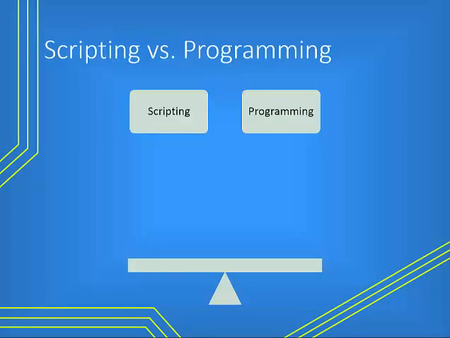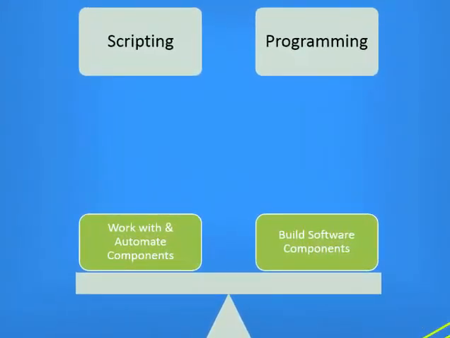You may be confused about the difference between programming and scripting. Well, certainly it could be considered semantics, but there is generally an understood difference between the two. Typically, a programming language is used to build software components from scratch, while a scripting language is used to work with and automate processes with those components.